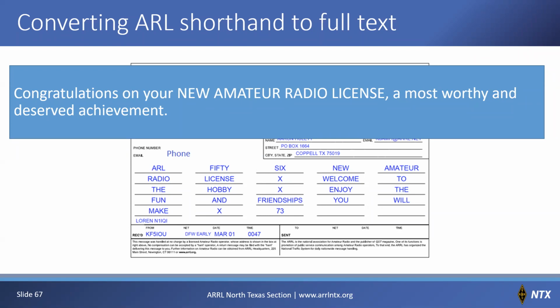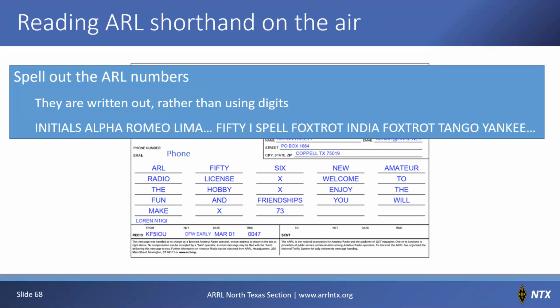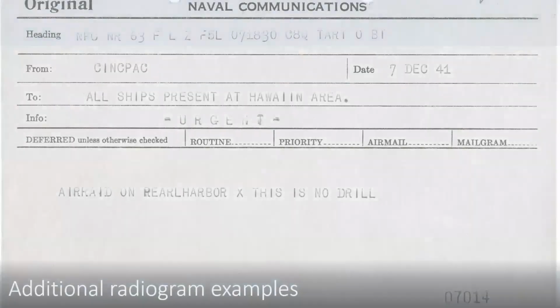You'll hear on some nets, ARRL 50, FIFTY 6, SIX, is okay, but the textbook is 50, I spell, that type of thing. I think I jumped ahead. Yep, there it is. So same thing. Spell them out, give them one letter at a time. That'll again stress the fact that they're part of the shorthand.